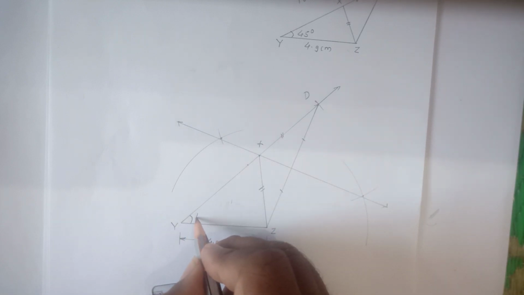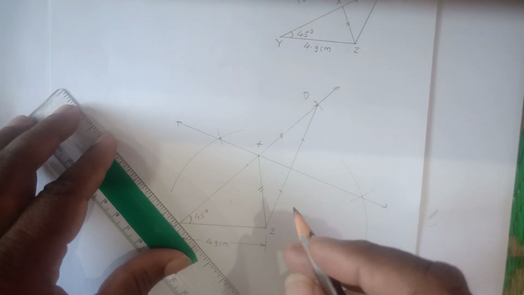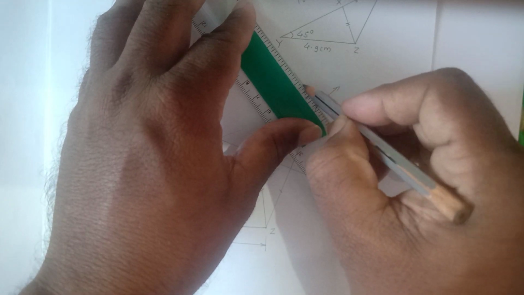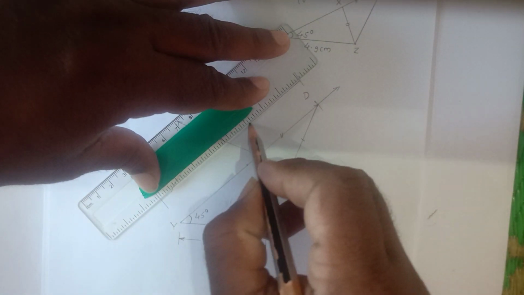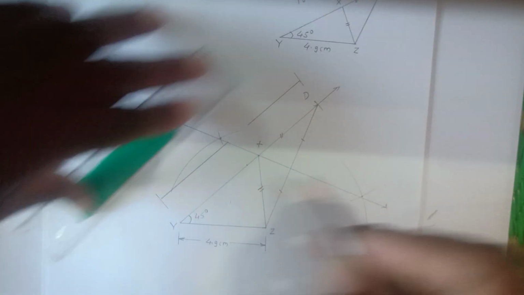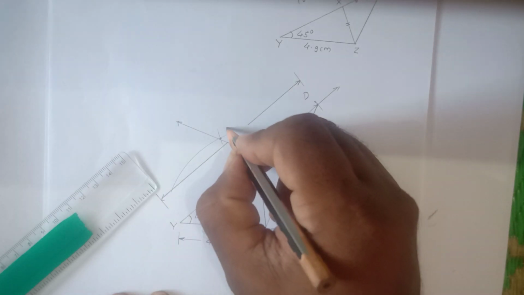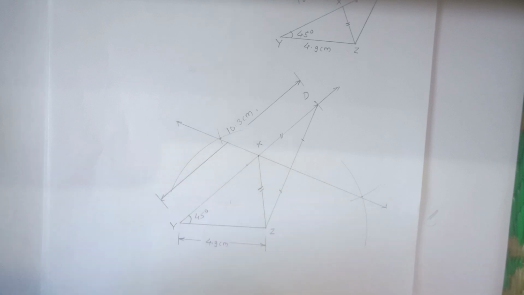This angle is 45 degree and the length of YD is 10.3 centimeter. In this way, we have drawn triangle XYZ here.